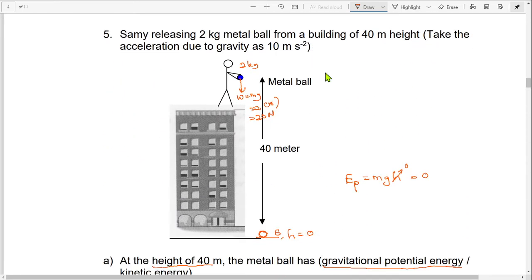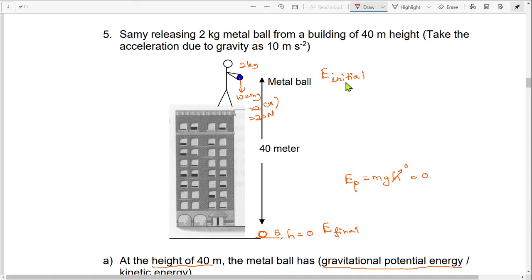The total energy up here, I put as initial, compared to the total energy down here, which I put as the final energy. These two must be the same. It is stated in the principle of conservation of energy.